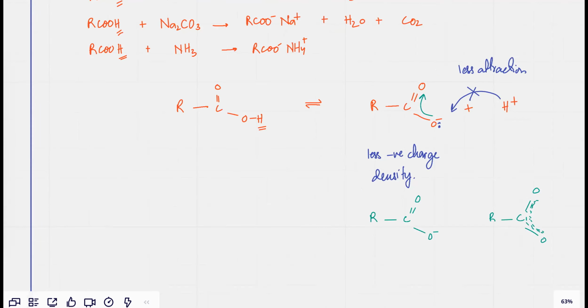So we're going to write an explanation for this, which is that the electronegative oxygen in the C=O group has an electron withdrawing effect.